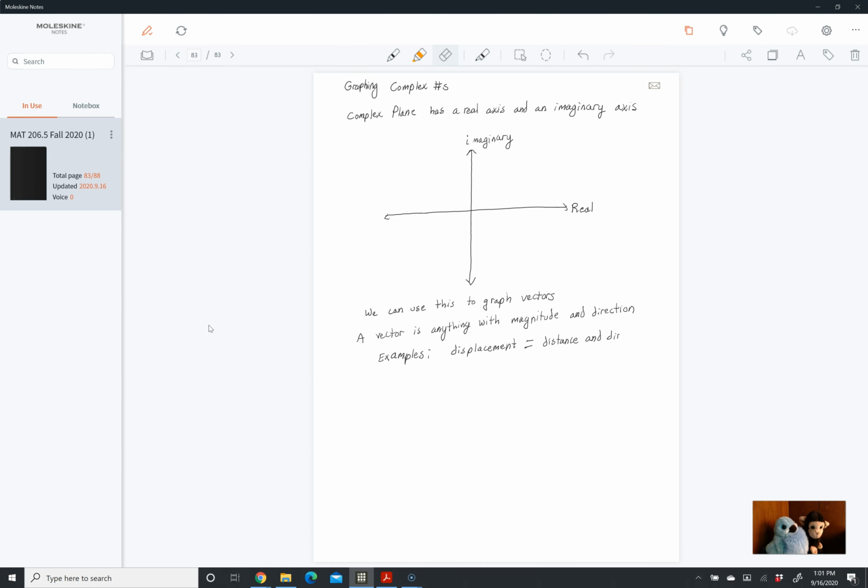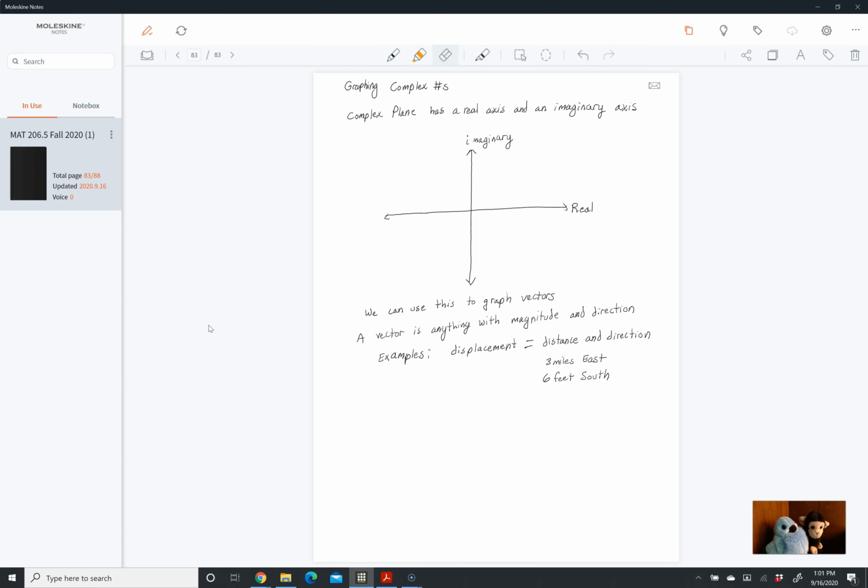So for example, if I said I was going to go 3 miles east, okay, or 6 feet south. Okay, this would be an example of displacement.